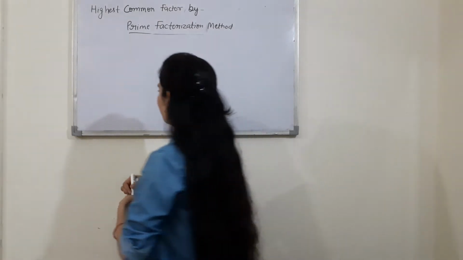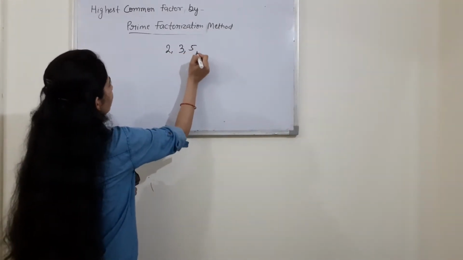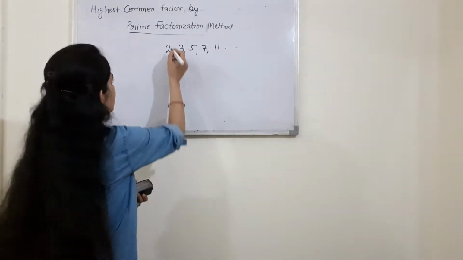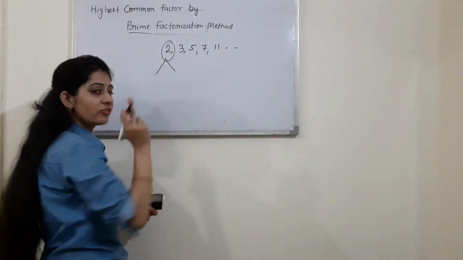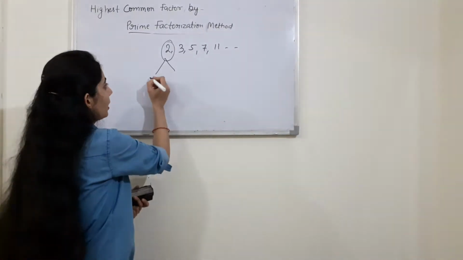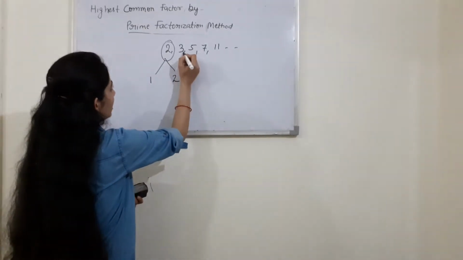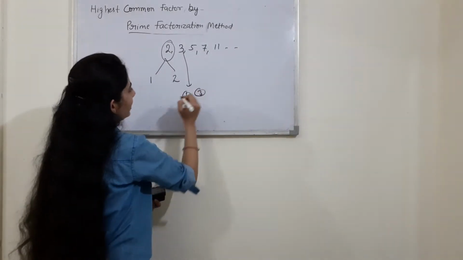Examples of prime numbers are 2, 3, 5, 7, 11 and so on. Why are they prime numbers? See, if I am talking about 2, it has only two factors. It is completely divisible by only 1 and 2, right? Now if I am talking about 3, it has only two factors, 1 and 3, okay?